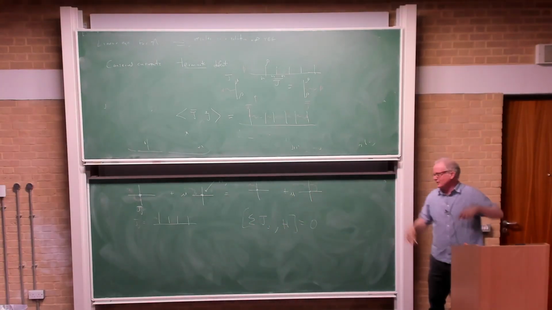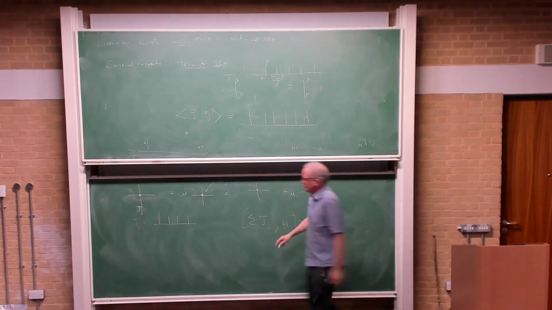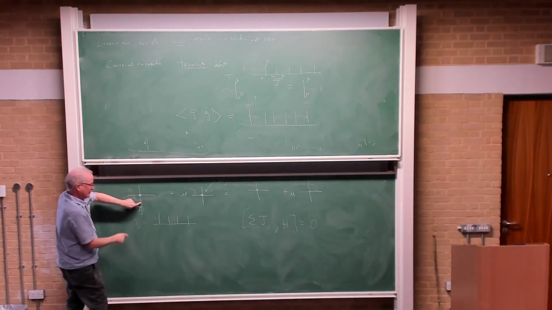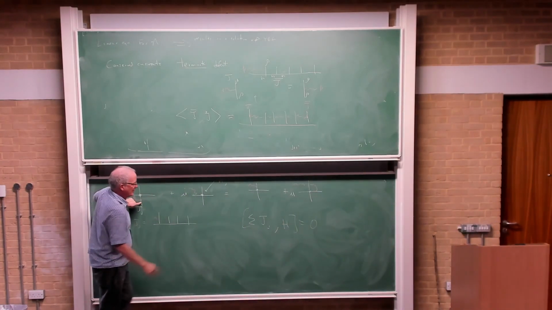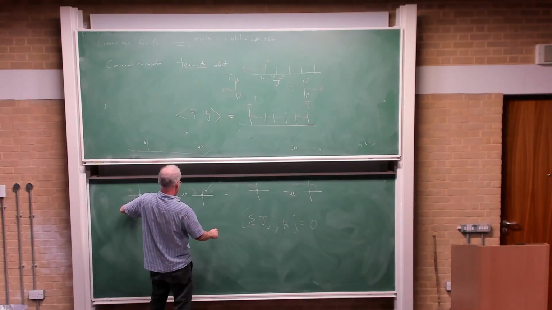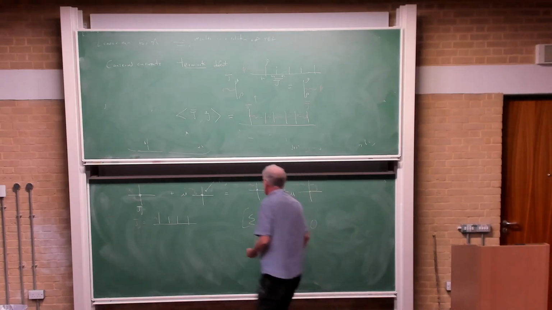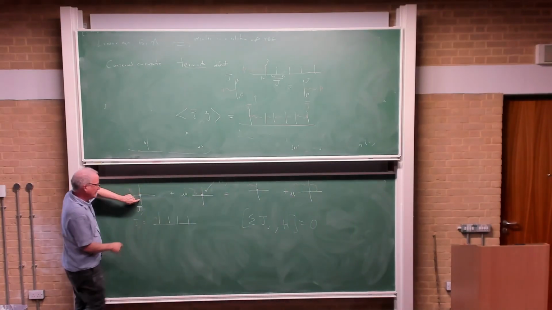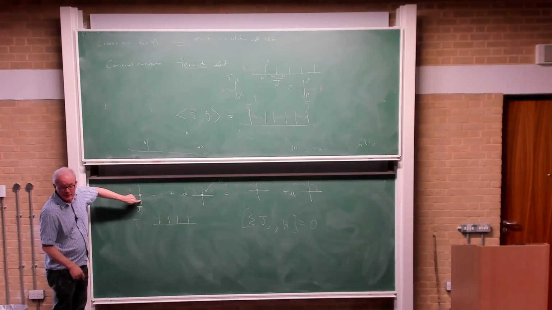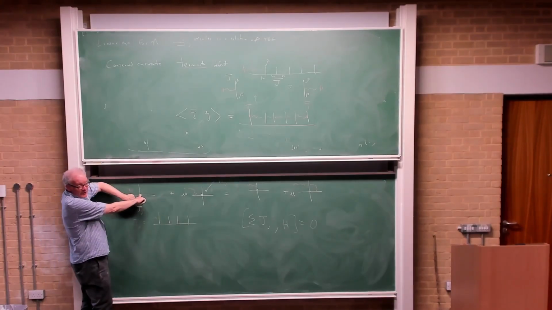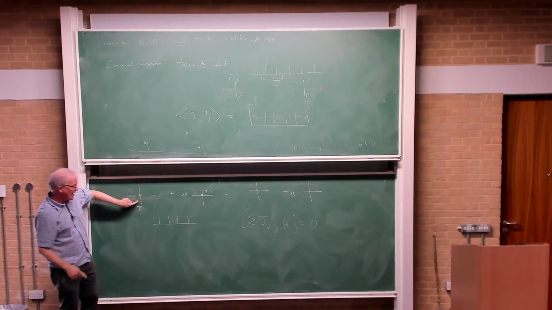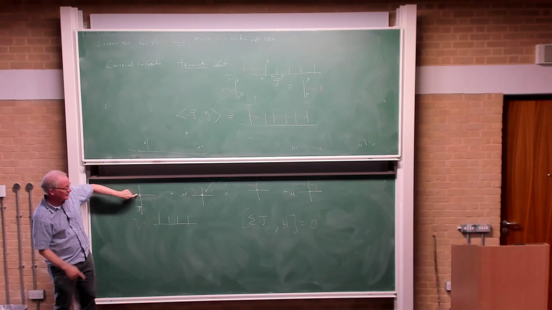So you choose the boundary conditions, right? Because it cancels. Notice this one happens before that: you act with J first, then you act with the Hamiltonian.